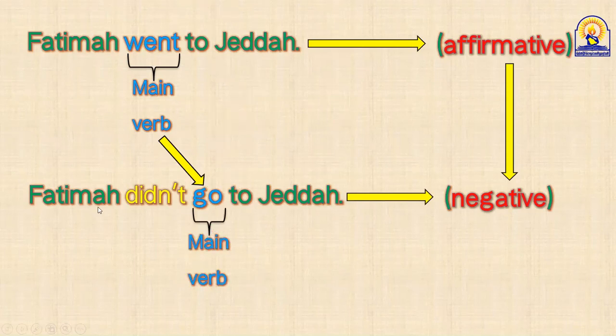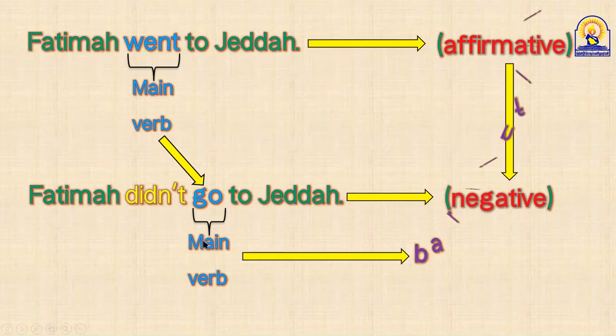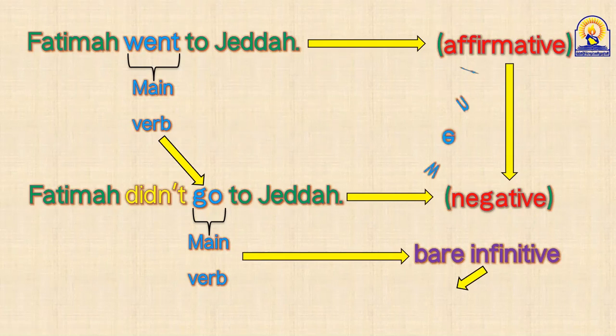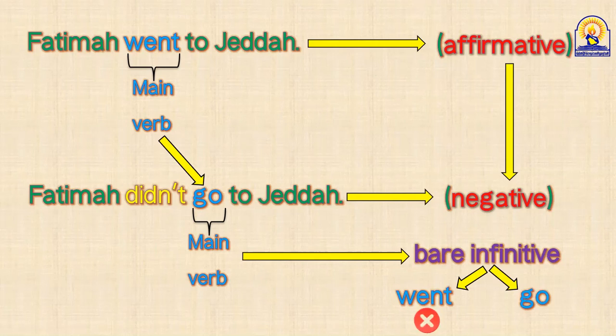So it's correct. Fatima didn't go to Jeddah, and we make sure that go after didn't is in the bare infinitive case. As you can see, went and go. Of course, went, it's not bare infinitive because it's past. Go, the correct one, is the bare infinitive. Okay, guys.